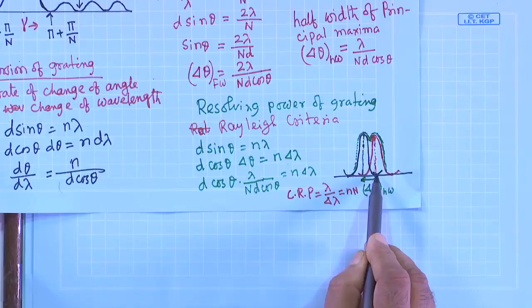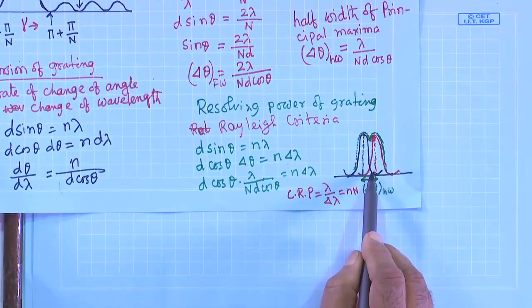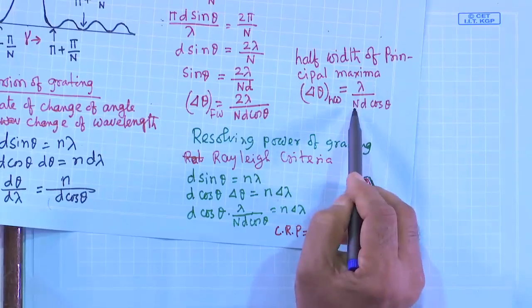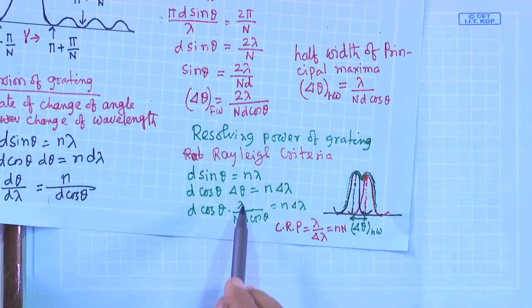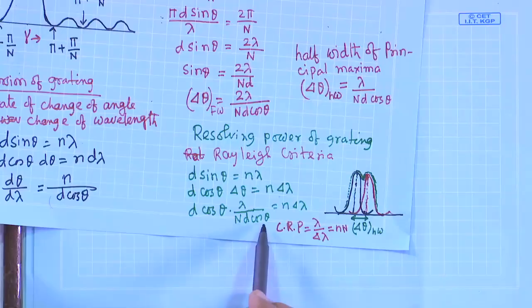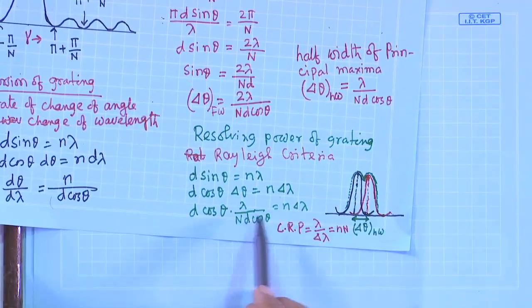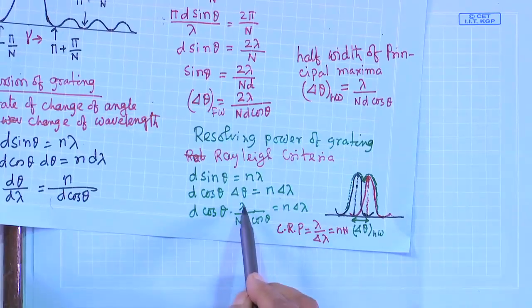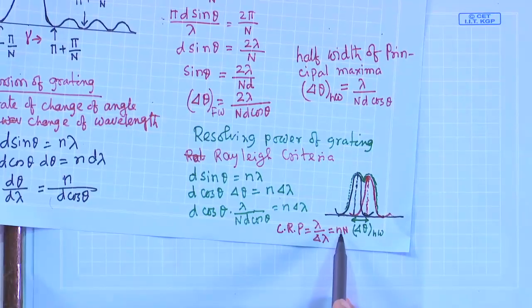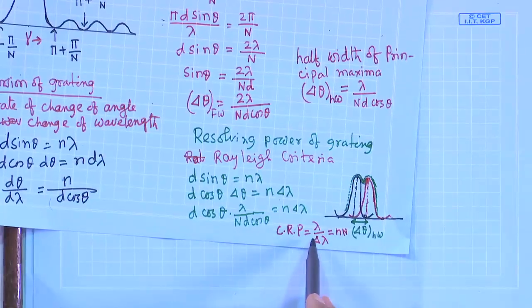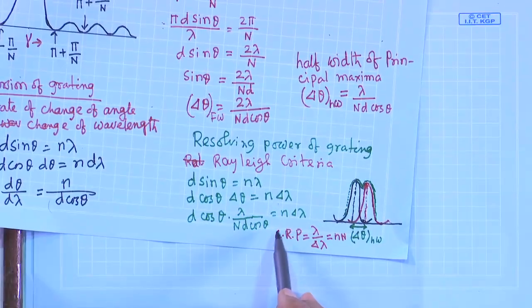This is nothing but the half width of the principal maxima, which we found to be lambda by capital N d cos theta. So, lambda by capital N d cos theta equal to n del lambda. From here we get lambda by del lambda equal to small n into capital N. This is called the chromatic resolving power.